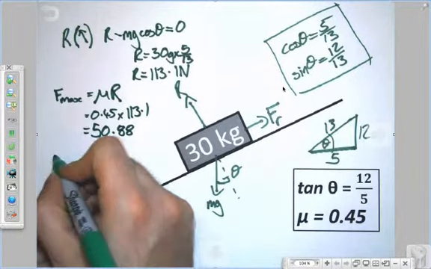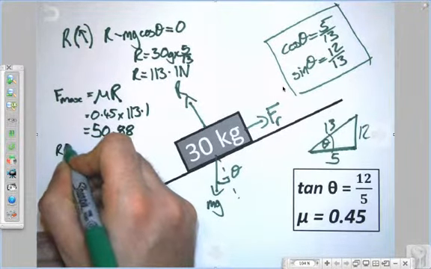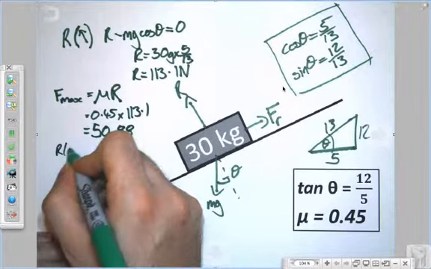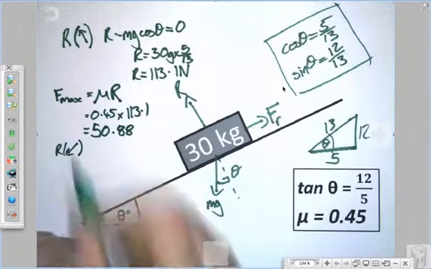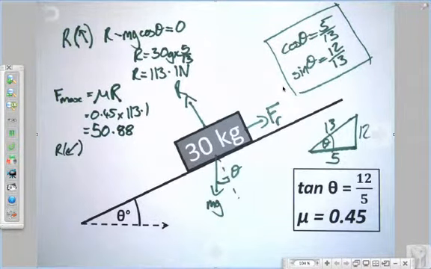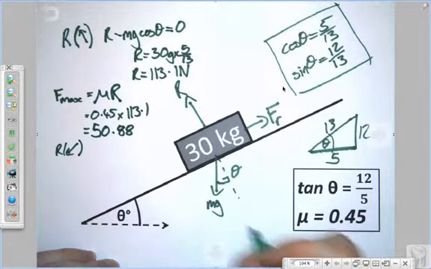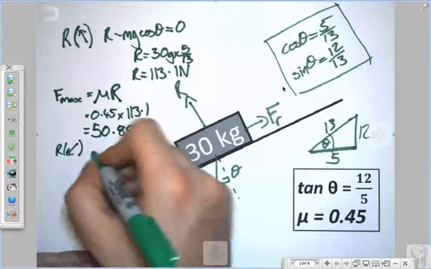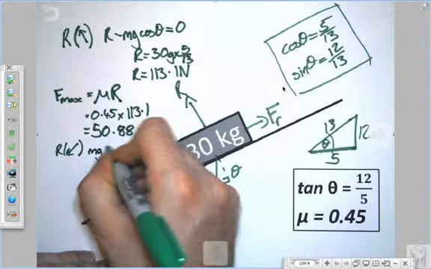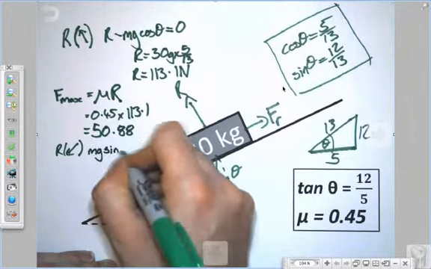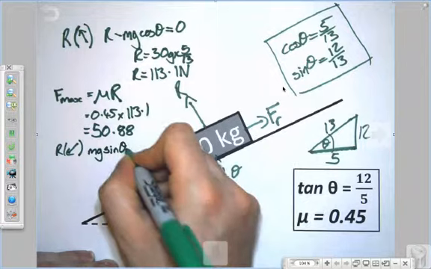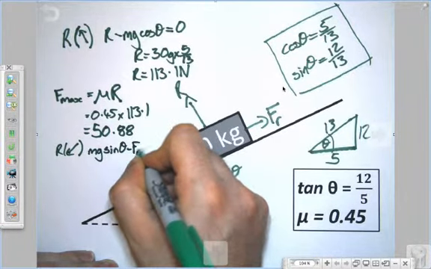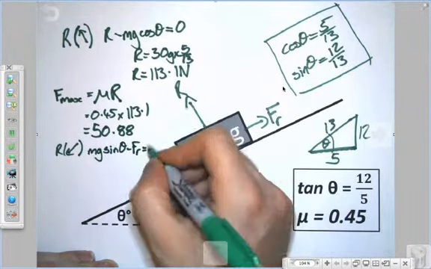Let's resolve. Now I think I'm going to be accelerating that way, so I want to resolve down the slope. It's always better to resolve in the direction of the acceleration. Makes life easier. So resolving down the slope gives me, R's not involved, I get mg sine theta, take away F R equals ma.